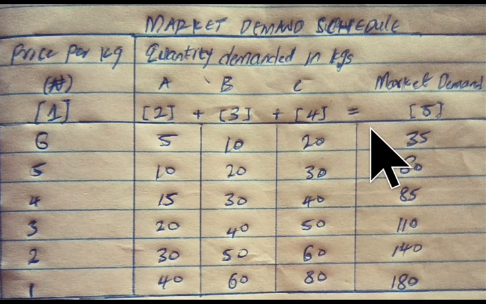Actually, the relationship between the 1st column and the 5th column is the market demand schedule. It shows that when the price is 6 naira, the market demand is 35. Mind you, all is being done in kg.